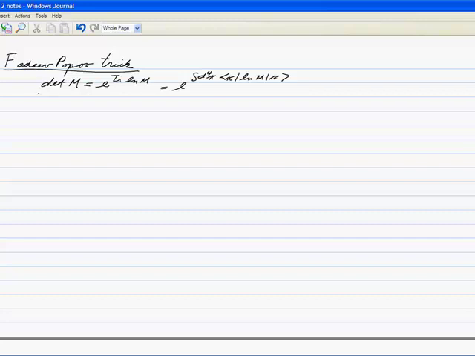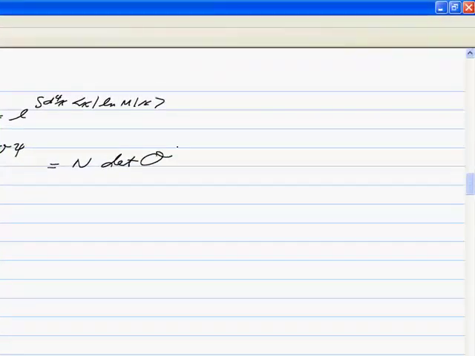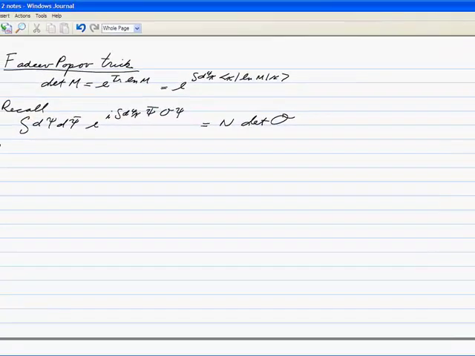Here's another trick. So recall the fermion path integral. We have integral d psi bar d psi, e to the i integral d4x, psi bar operator psi. That turned into some number times the determinant of this operator. So Faddeev and Popov run it in reverse.